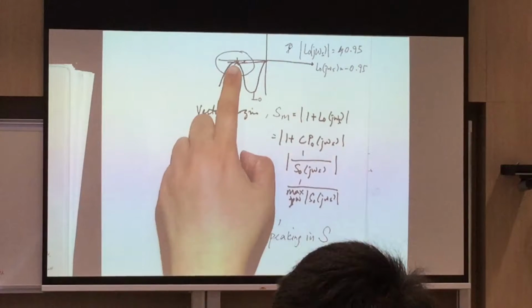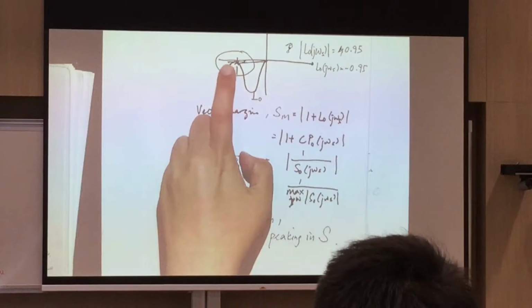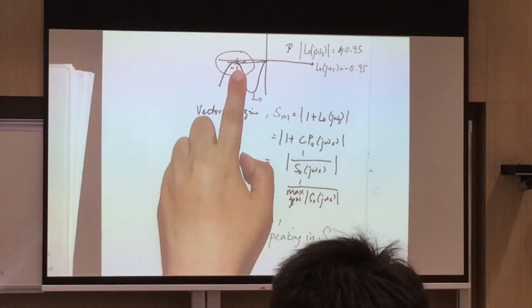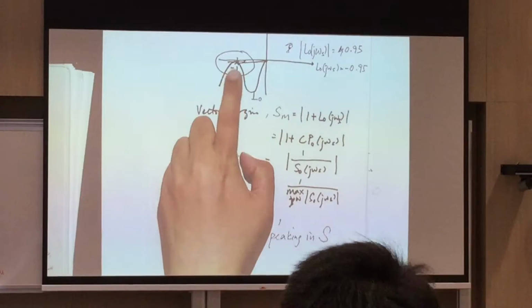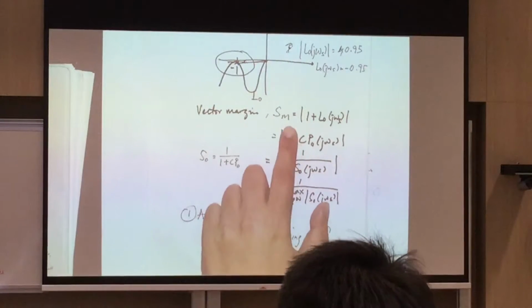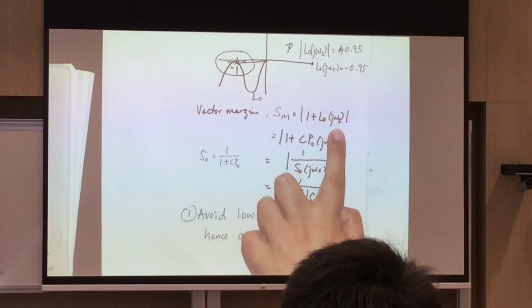The vector margin, alright, which is the distance of the frequency point on the Nyquist plot of L that is nearest to -1. Alright, so we can define the vector margin to be the distance from the frequency point nearest to -1.